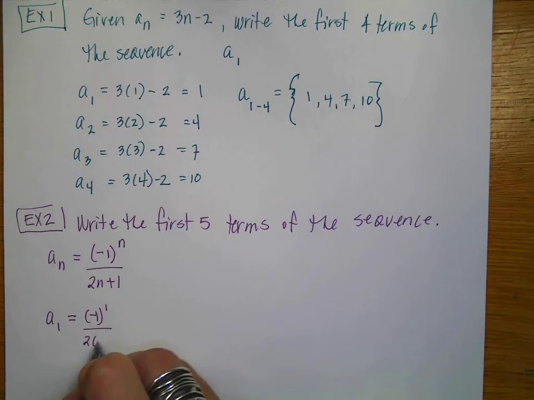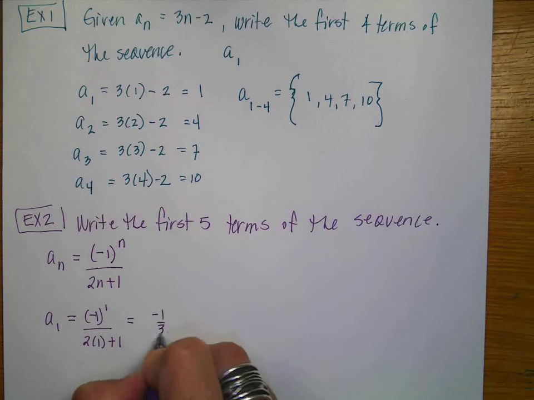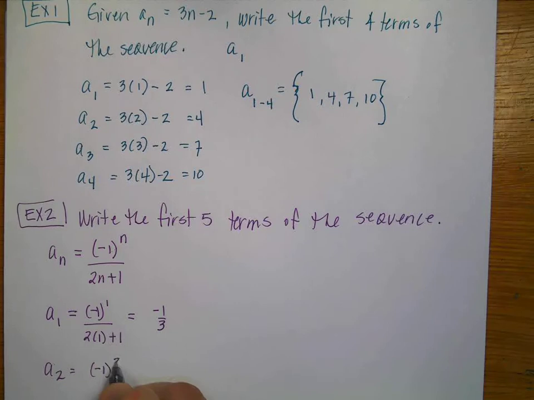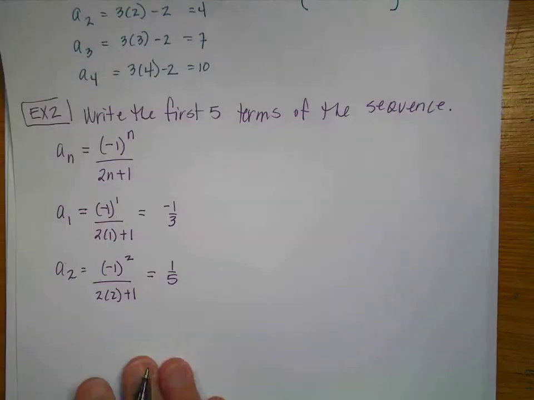So this would be a negative 1 to the first divided by 2 times 1 plus 1, and you would get a negative 1/3. And then the second term would be a negative 1 to the second divided by 2 times 2 plus 1, and I would get 1/5. Okay?